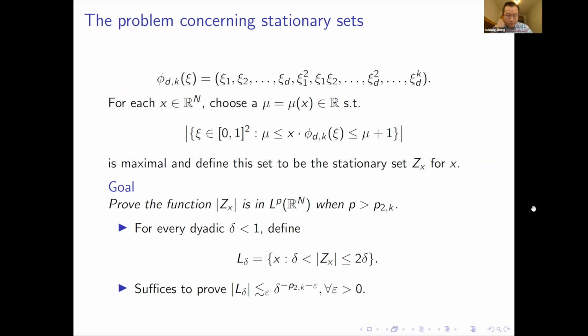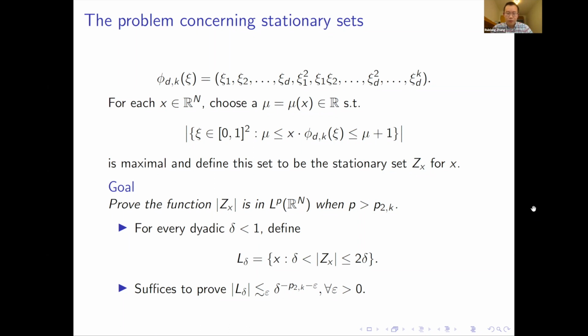Okay, so the strategy is also quite simple, starting with dyadic decomposition. We look at all the x where the measure of z of x is between delta and 2 delta for dyadic delta. Then we just need to bound the measure of this set, which we call L of delta.